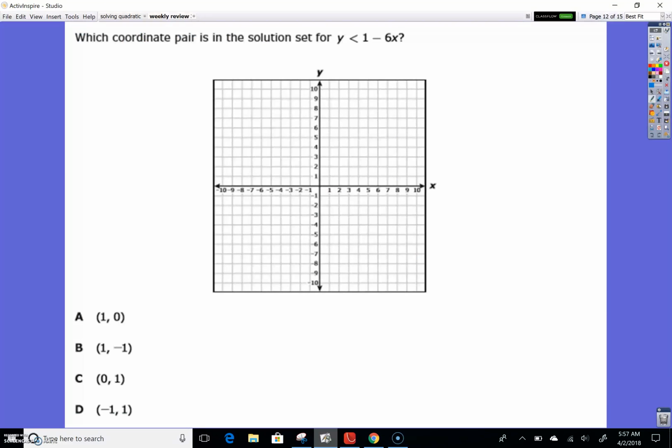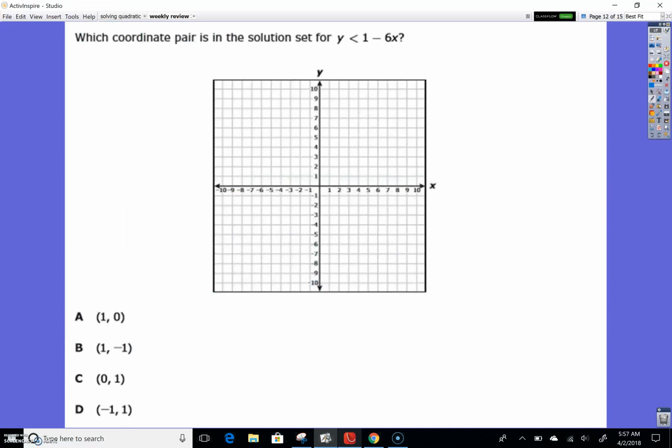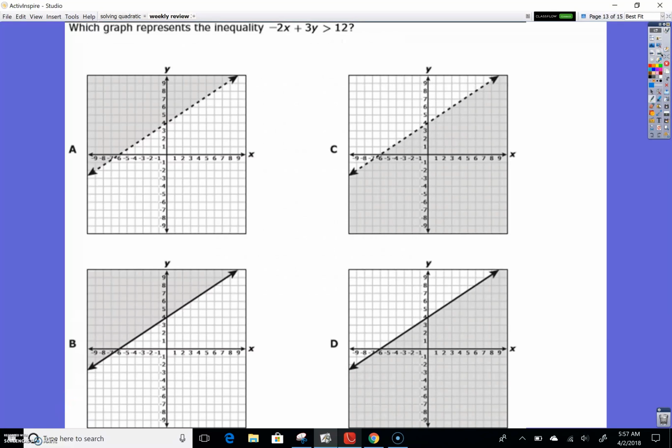Negative 1, 1, that's in the, remember, inside the shaded region is good.